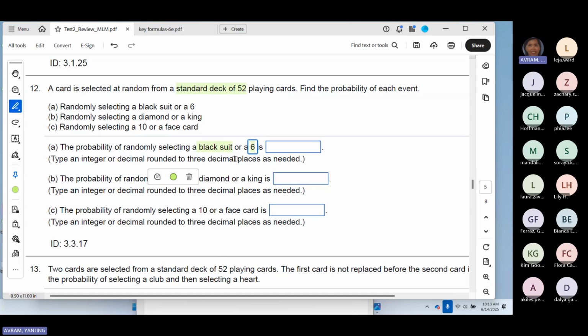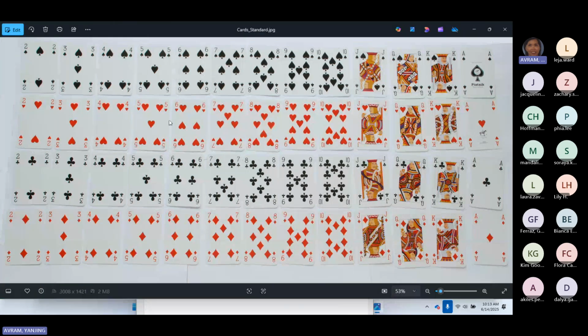Okay, let's see how you do this one. I'm going to give you the picture back. If you count this block here, it has 13, and this other one has 13, so 26. Or a 6. If you look at the 6s here, there are four 6s. But if you count the four 6s, you count the spade and the club twice, so you need to subtract 2 of them.